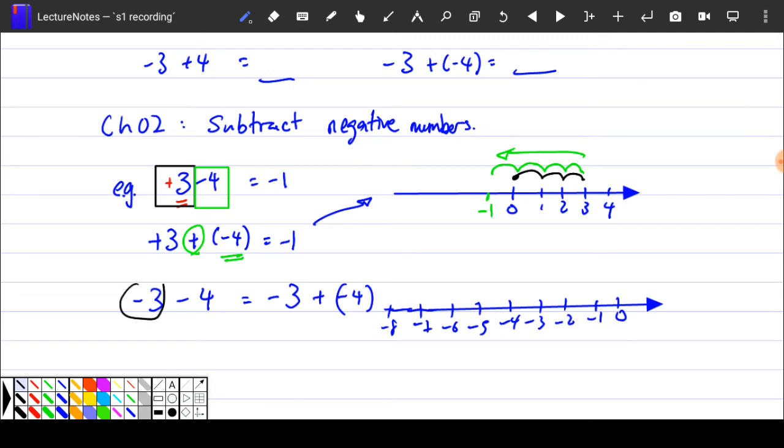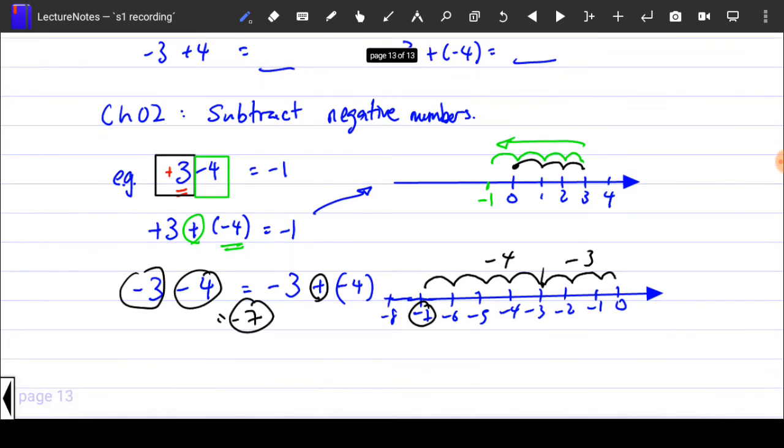So negative 3 means I will move 3, 1, 2, 3 to my left. Then I plus another negative 4, I'll move another 4 steps. 1, 2, 3, 4. So this is negative 3, this is negative 4, and I know my answer is negative 7. So this answer is negative 7.